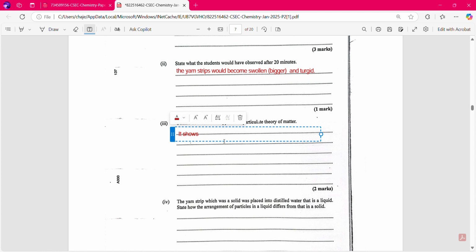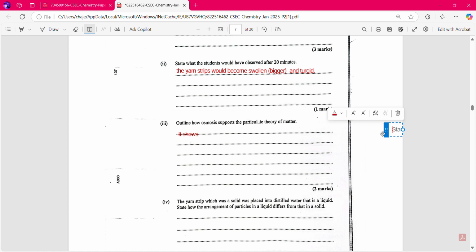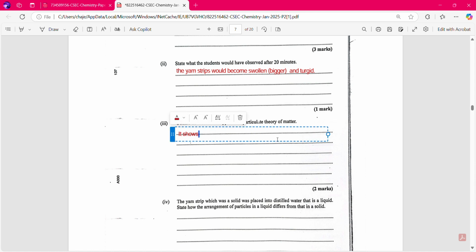I can't see the question. But outline how osmosis supports the particulate theory. You don't have to. You really don't have to, because it's asking about osmosis. But if you want to use it, you can. So yes, Roger, what was the answer?